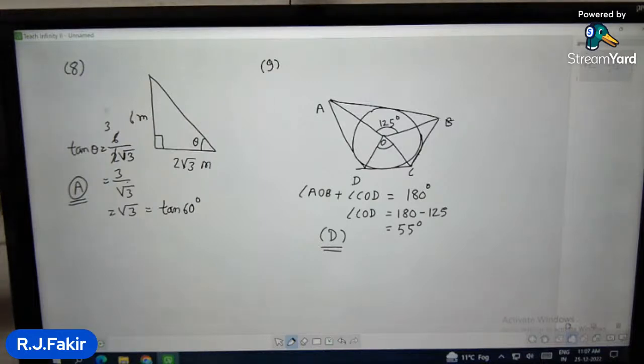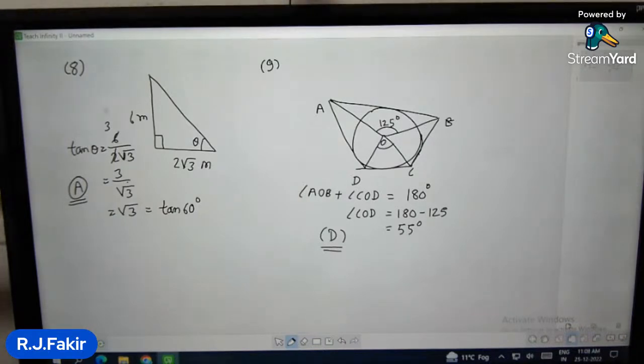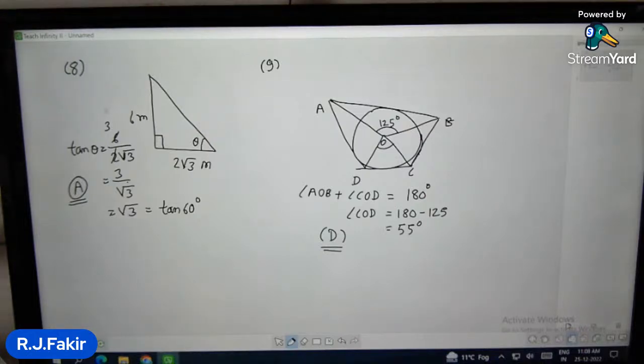Now some questions are exactly similar to what we discussed earlier. Like the 10th question is the same as question number 4.